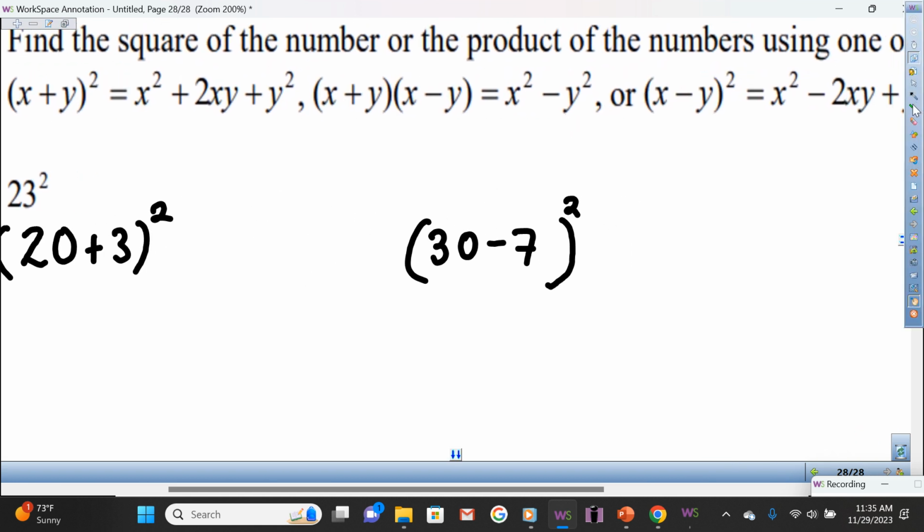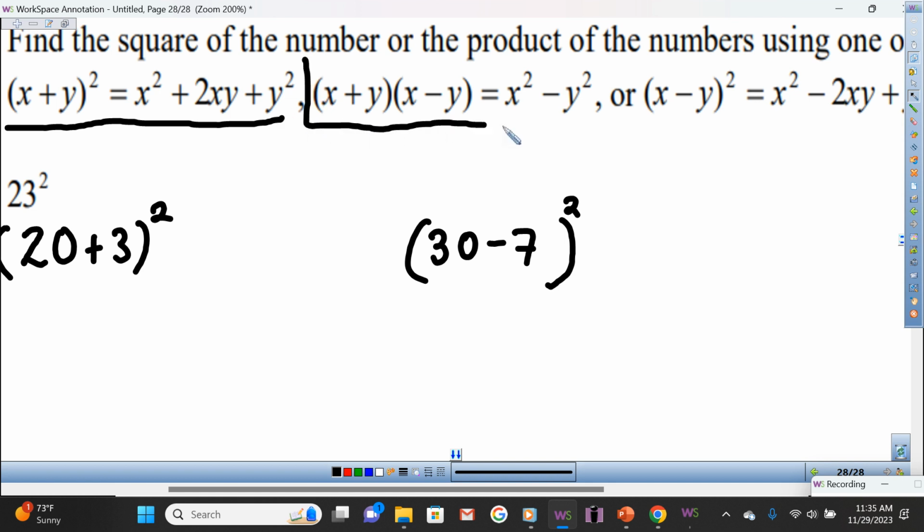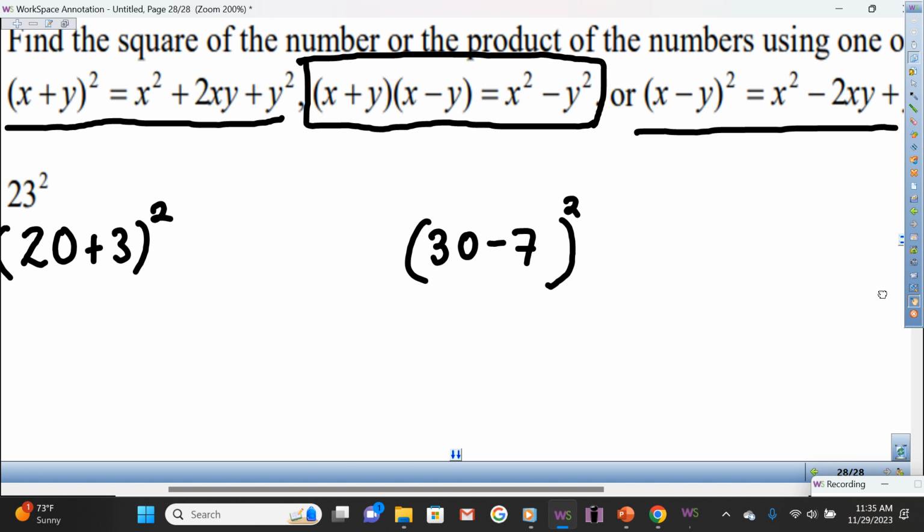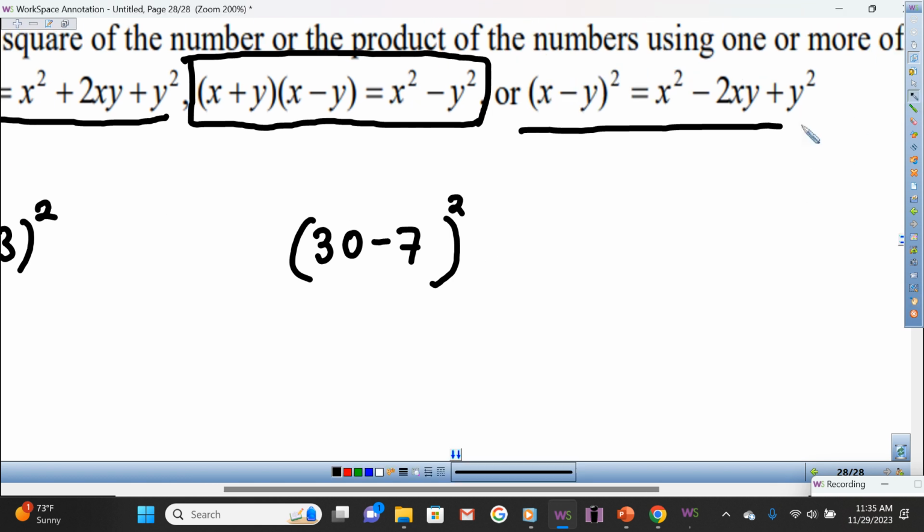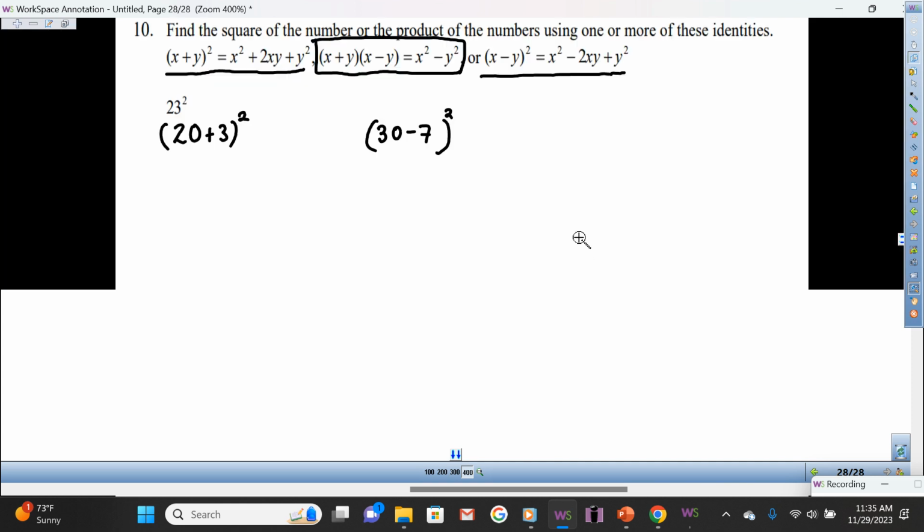To keep organized, guys, underline or box the first one all the way to the comma. I'm going to box the second one to the comma and underline the third one. So how many identities do we have? 3.